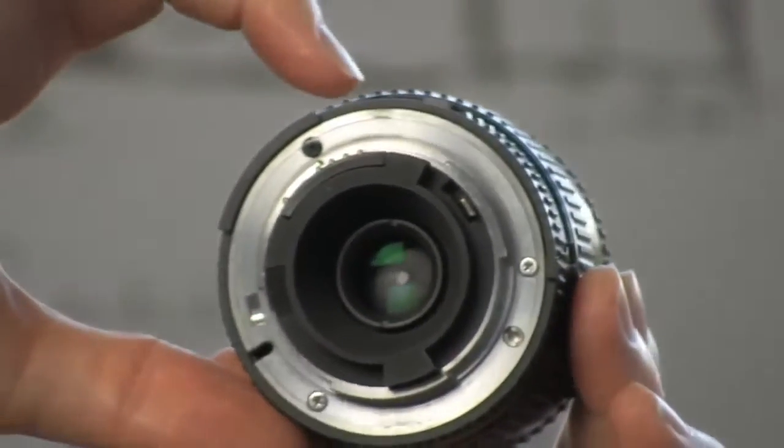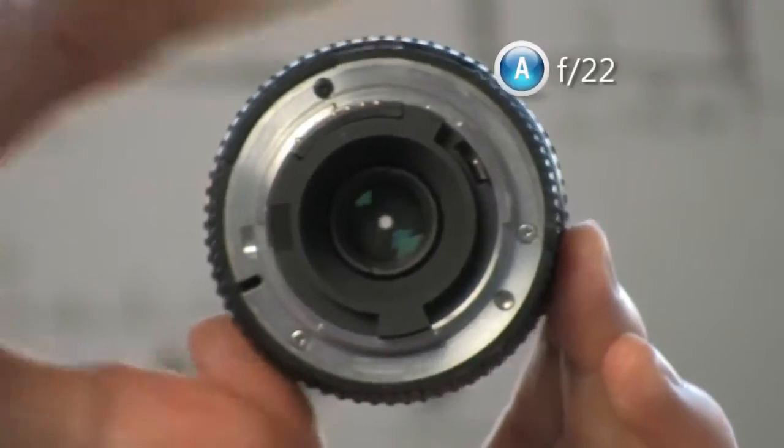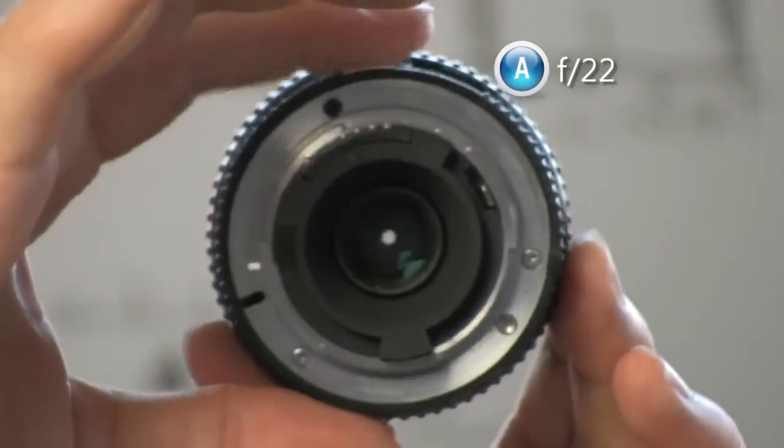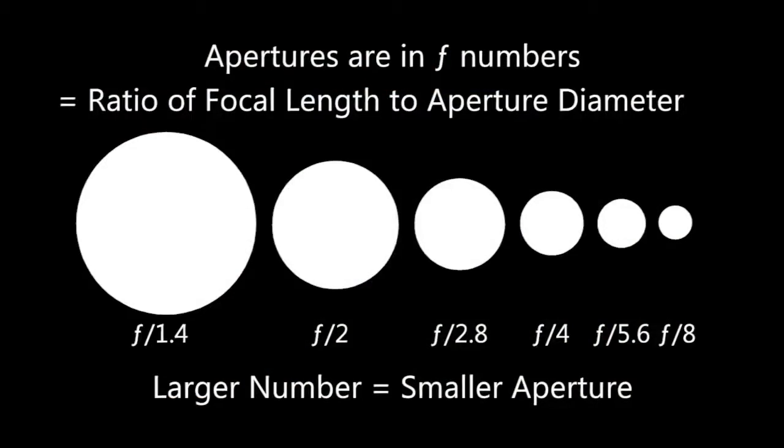So on this particular lens, f22. Aperture's kind of strange. It's a ratio actually, so the larger number is a smaller aperture. It's kind of like a fraction, so if it has a bigger number at the bottom, it's actually a smaller aperture.